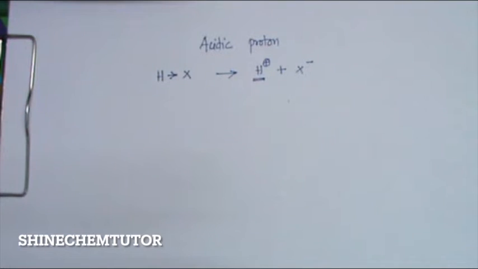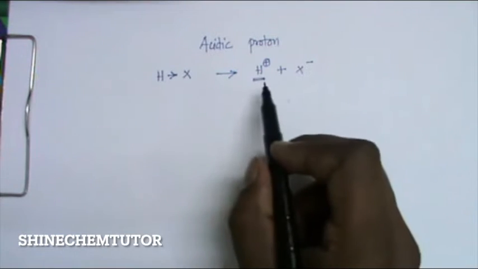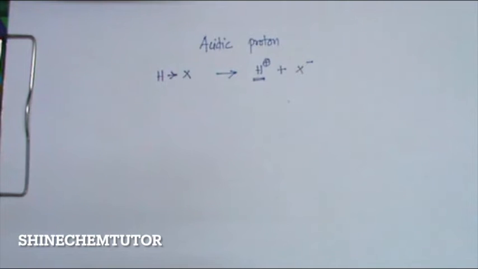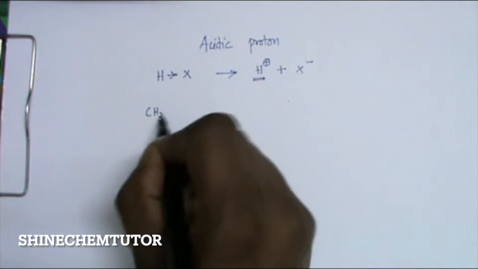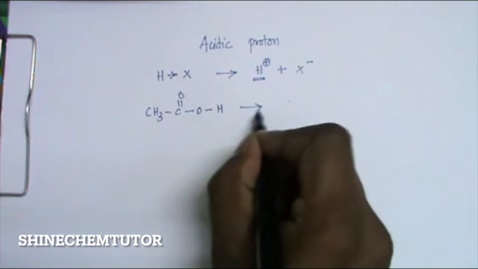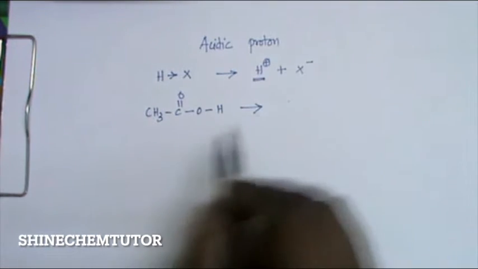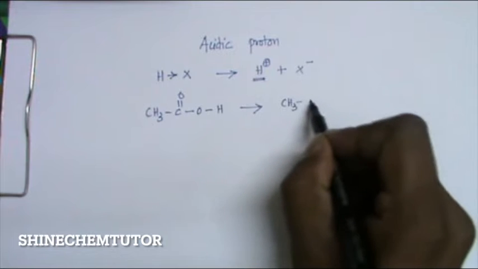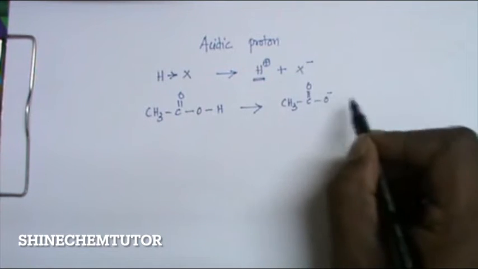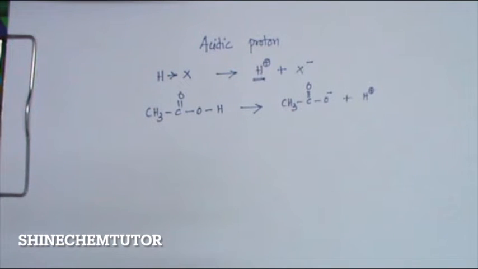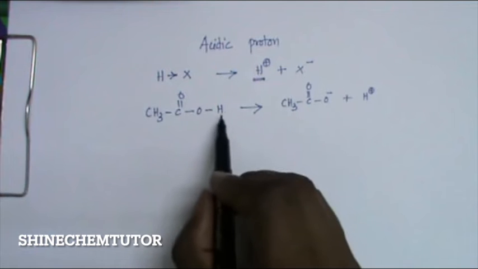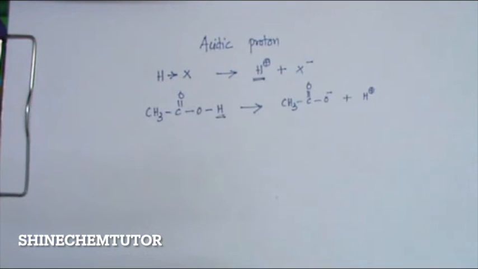HCl, it is acid. HCl will readily dissociate to give H plus. Suppose if I go for carboxylic acid, this also will dissociate to some extent to give H plus. But the dissociation will not be complete. So this hydrogen is acidic.